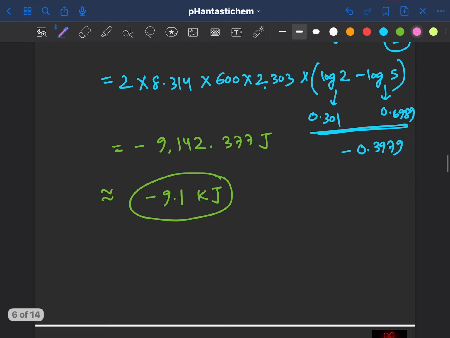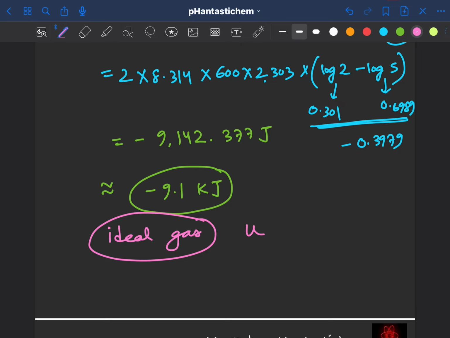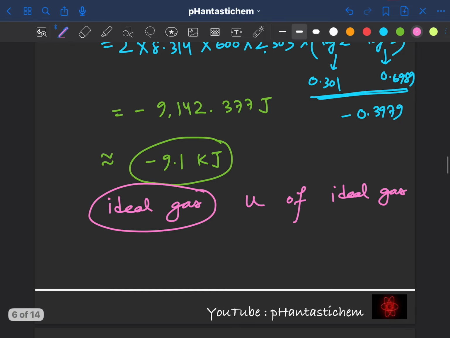Next, we have to talk about the internal energy. Now, in this case, we have been given ideal gas. Okay, and we should know one important information, that in the case of ideal gas, internal energy is a function of temperature only. Okay, U, that is internal energy of ideal gas, is a function of temperature only.